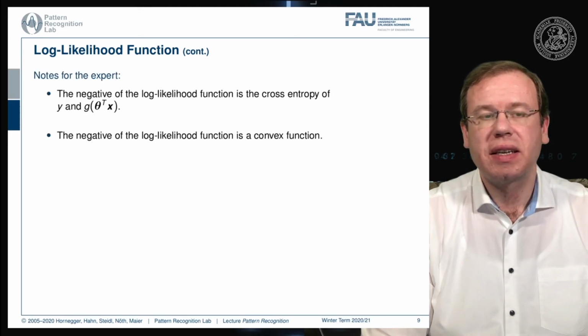What you can see here is essentially that the negative of the log likelihood function will return the cross entropy of y and the logistic function of theta transpose x. And also note that the negative of the log likelihood function here is a convex function. So this is a very nice property, and we will use that in the following.